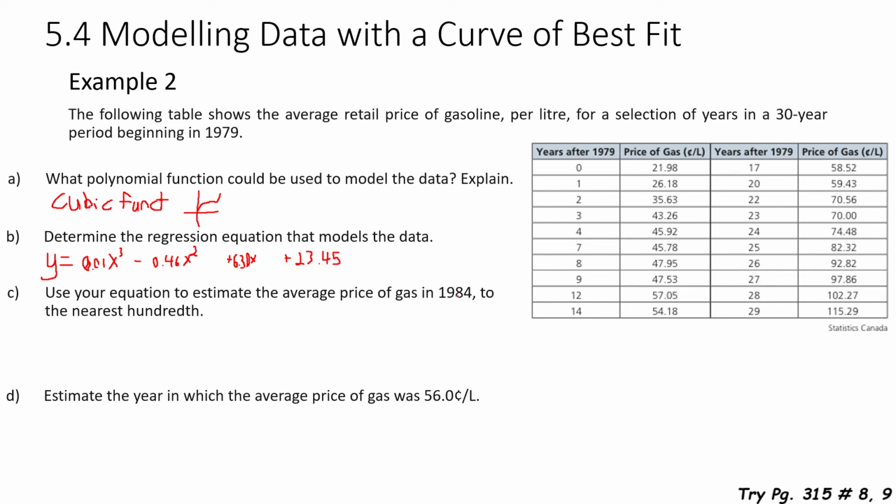So 1984. So 1984, put that into your calculator. We need to figure out what year that's going to be. 97 is 0. So 80, 81, 82, 83, 84 would be 5 on this list.